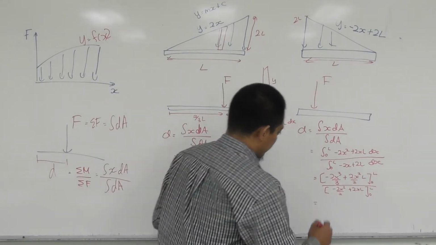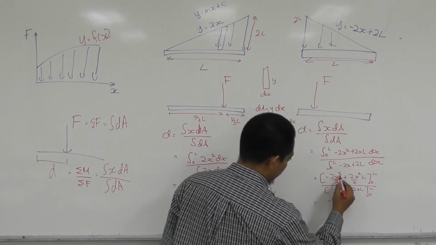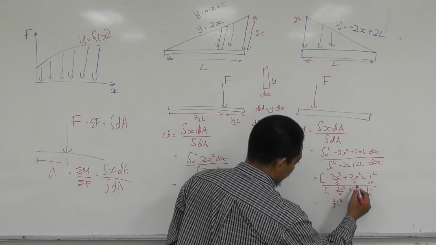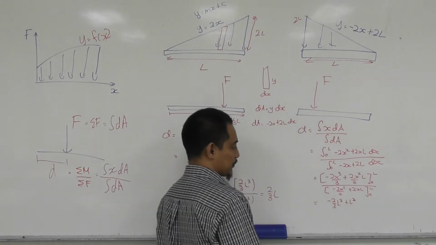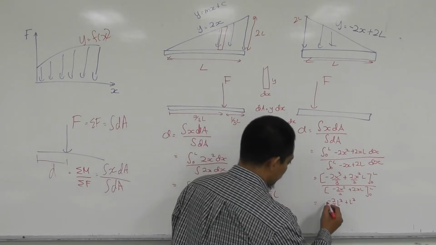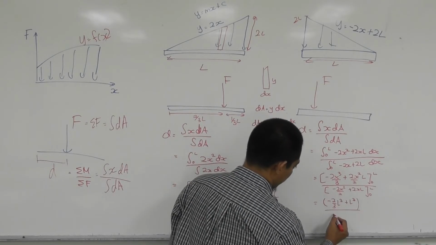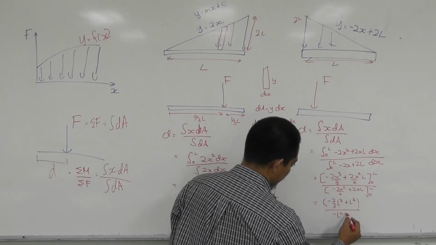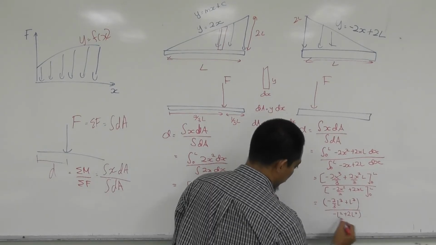So what you get here is basically minus 2 over 3 L cubed, and then plus L cubed, since 2 over 2 is 1, over minus L squared, and then plus 2L squared.